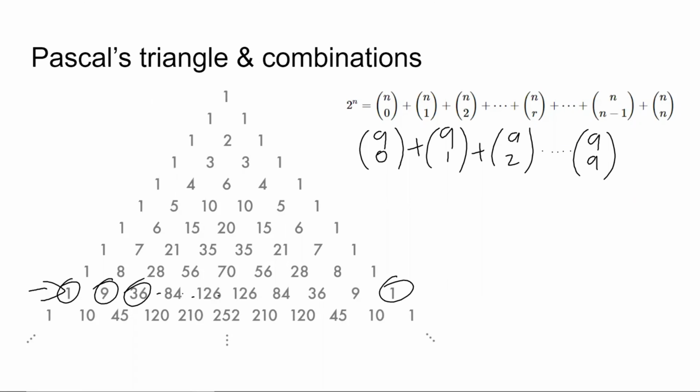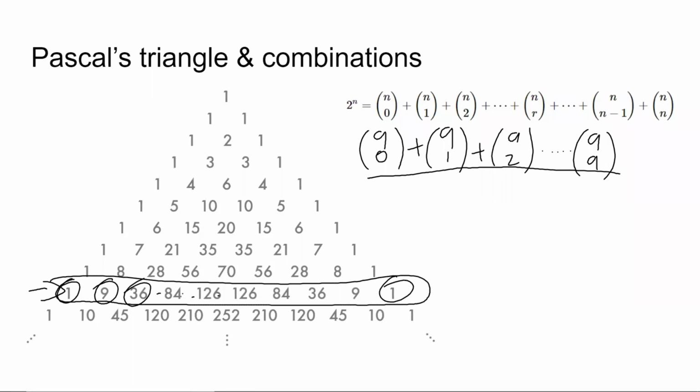What we're doing when we're adding this is adding all the numbers in this row. If someone has a calculator open, can they actually add every single number in this row? Yes, I saw 512. So all the numbers added here equals 512.